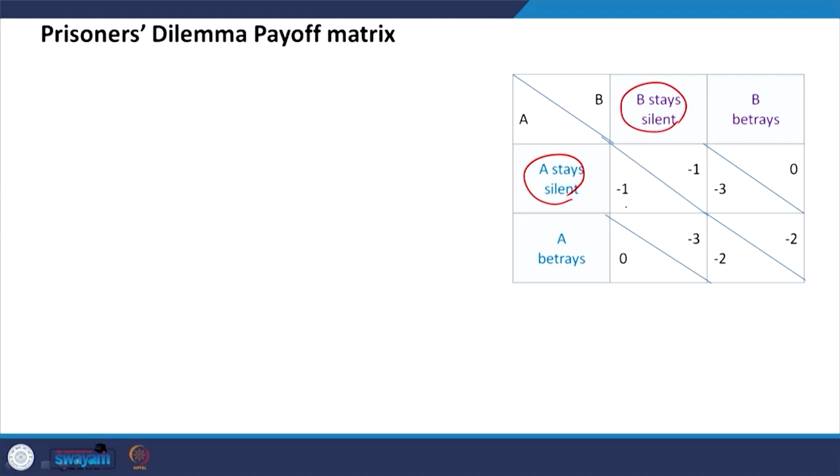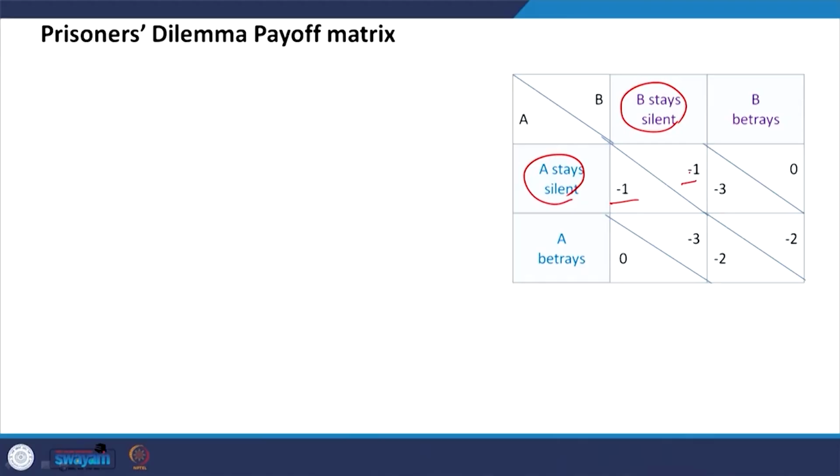Now the payoff both of them are getting is -1, -1, that is 1 year in prison. Since a prison sentence is a negative, we put a minus before the 1 year sentence for each.